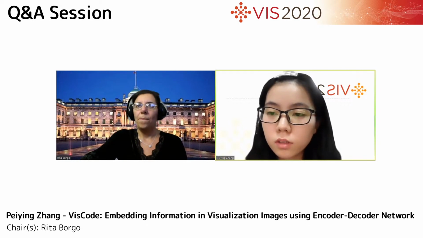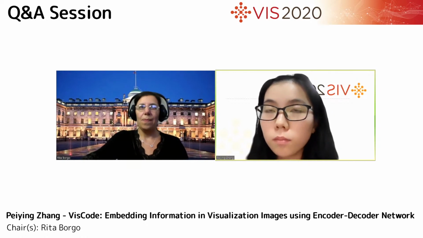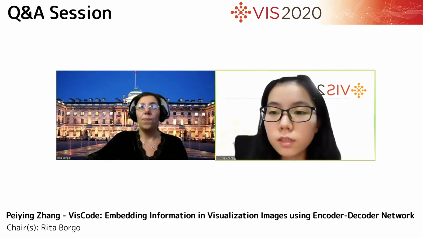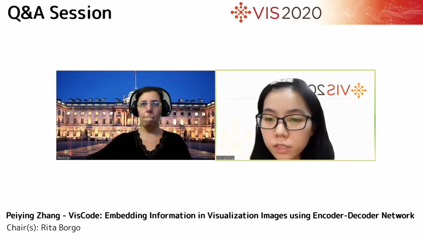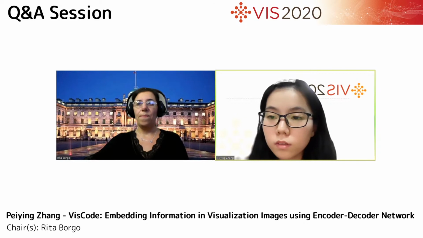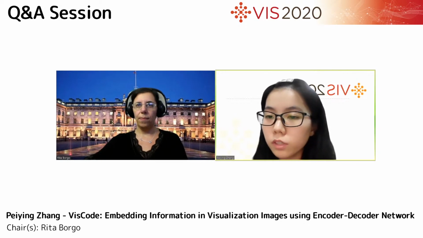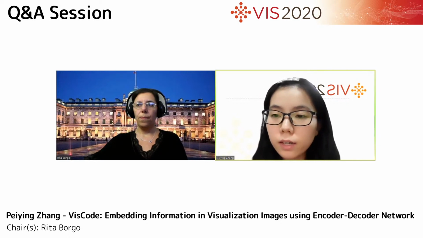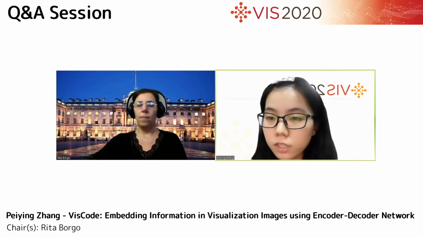The MIT dataset we used is a dataset for information visualizations, and so the saliency of human regions is more relevant to information visualizations.